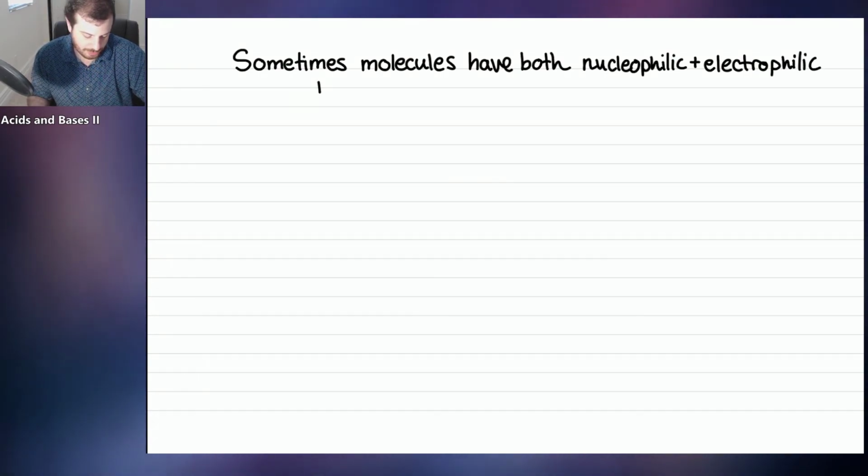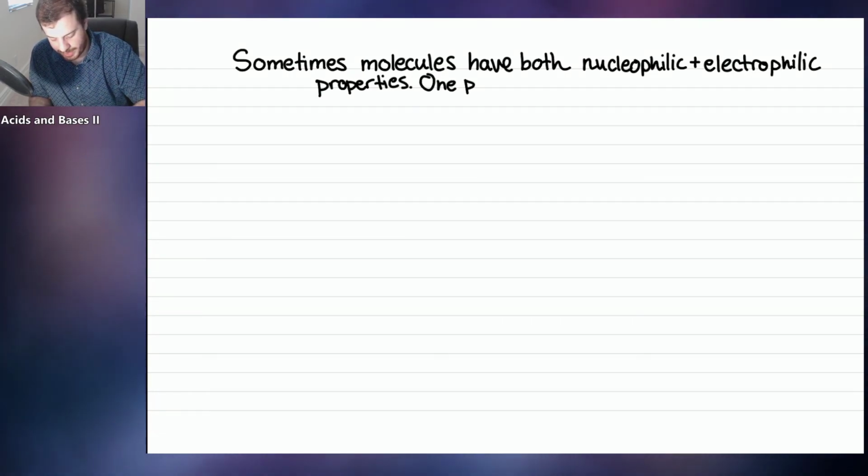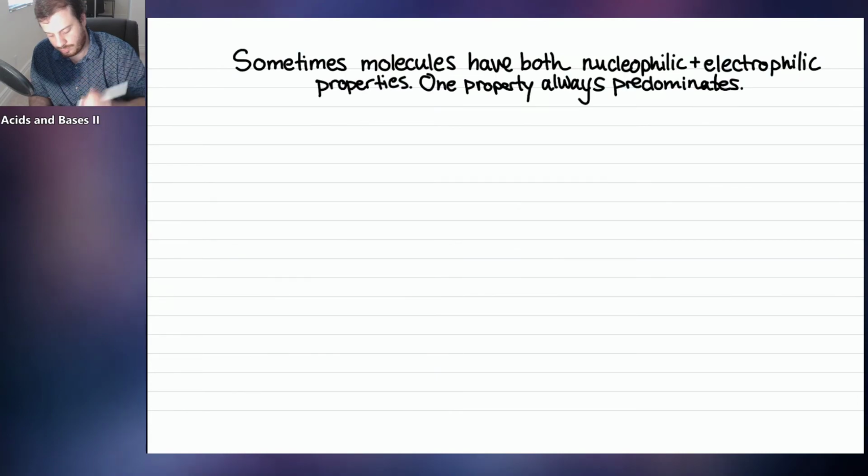Or I'll say properties. In this case, one property always predominates. So let's take a look at an example.